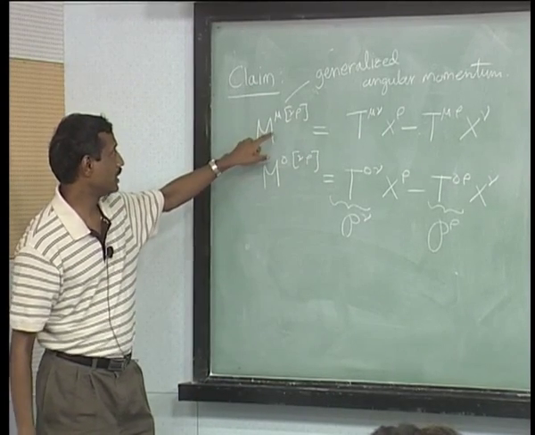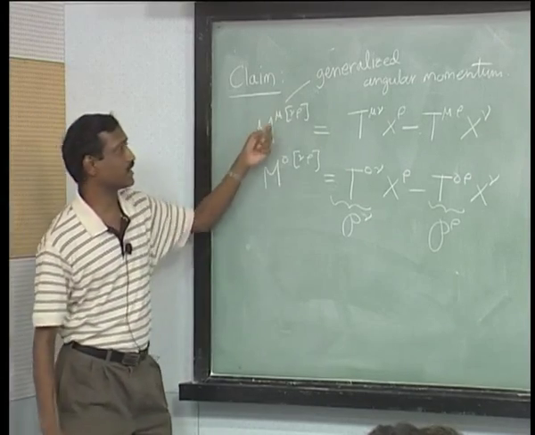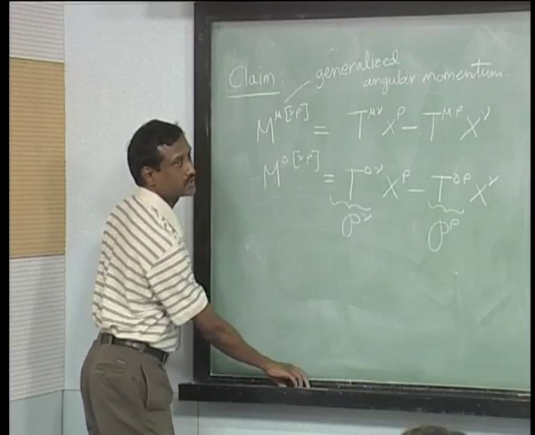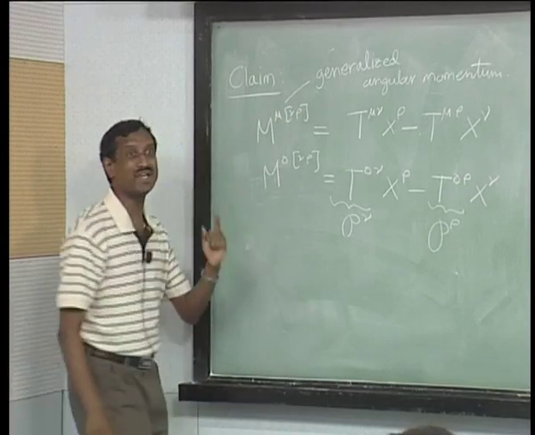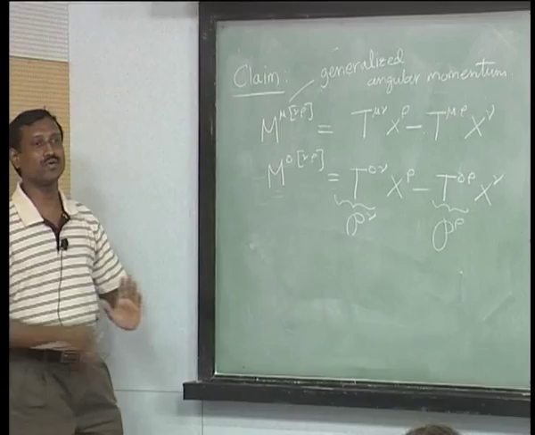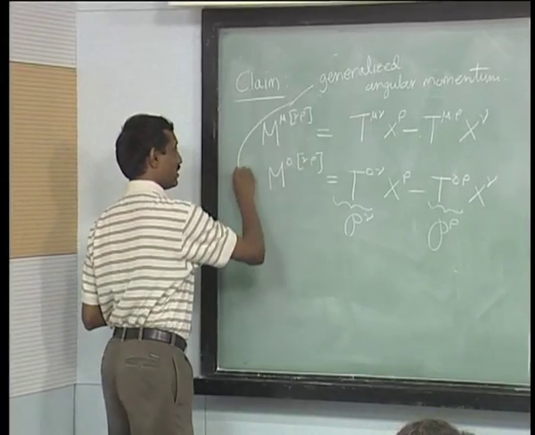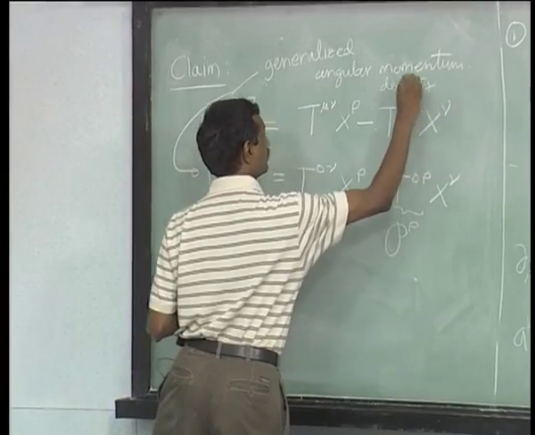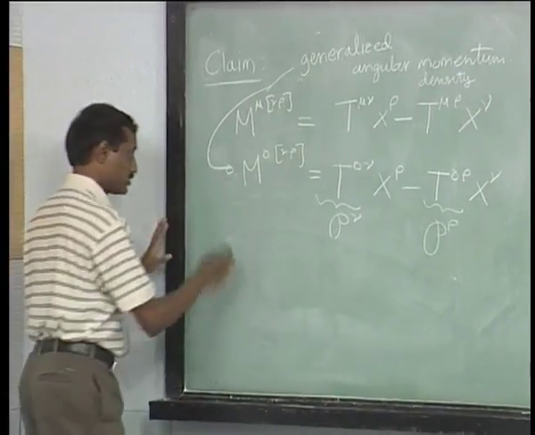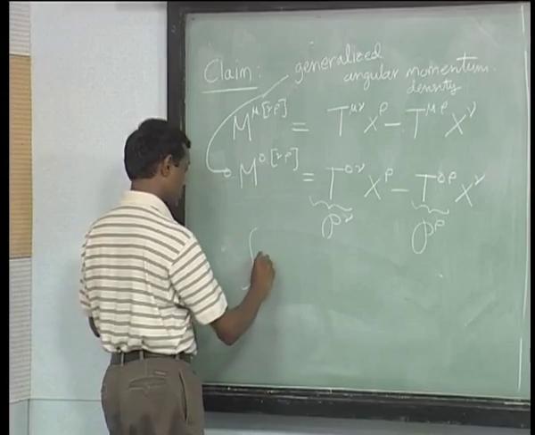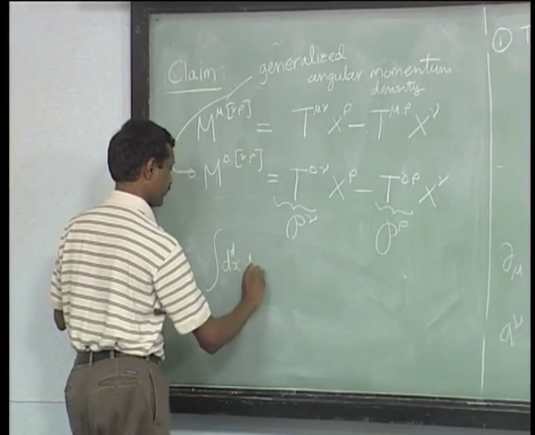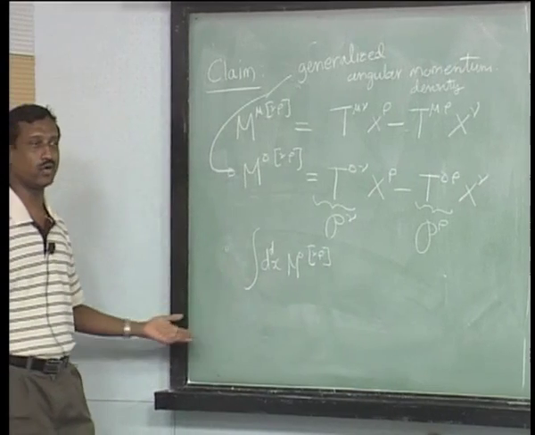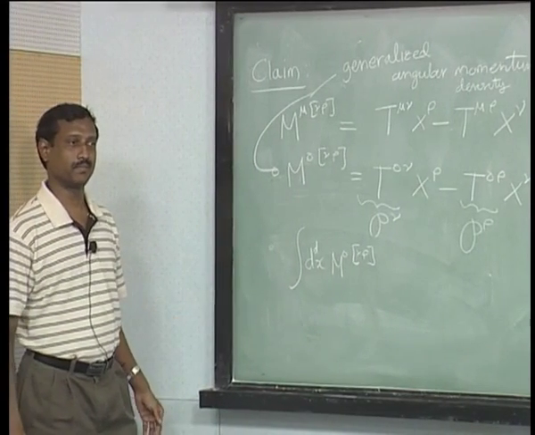Okay. So, yeah, this is the current associated. You are right. I should call this the generalized angular momentum density, and the charges would be the integral of that over space, the corresponding generalized angular momentum.